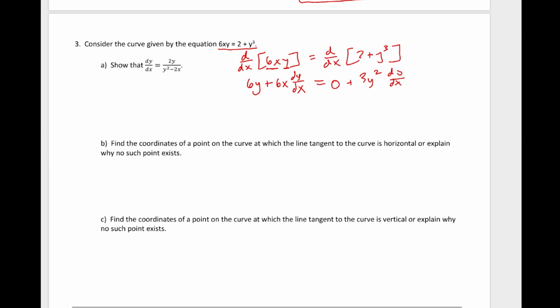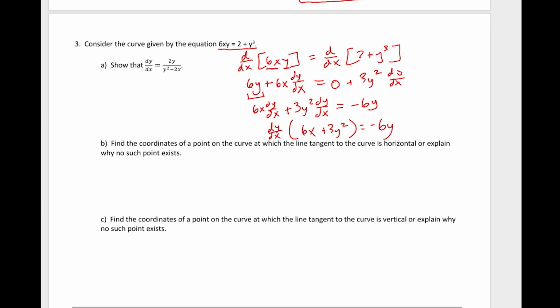So now we're trying to isolate dy dx. So I'm going to bring my dy dx's to one side and everything else to the other side. And really the only other thing is this 6y. So I've got 6x dy dx plus 3y squared dy dx equals negative 6y. And so now if I factor out the dy dx, I'm going to have dy dx times 6x plus 3y squared equals negative 6y.